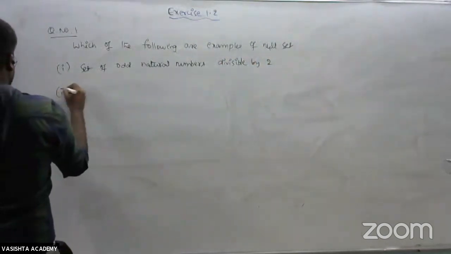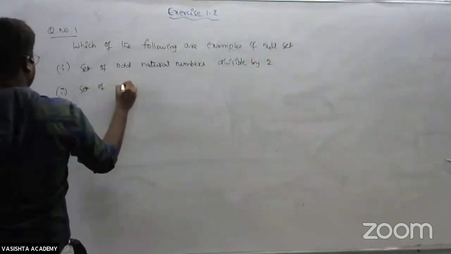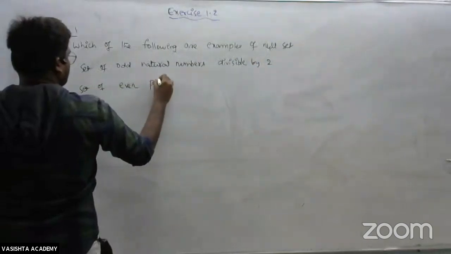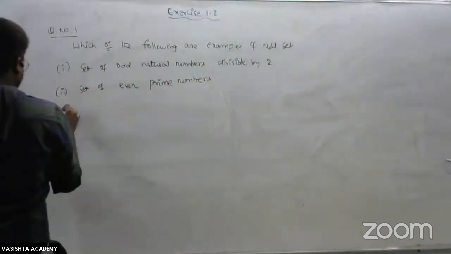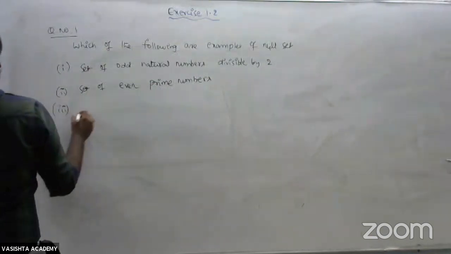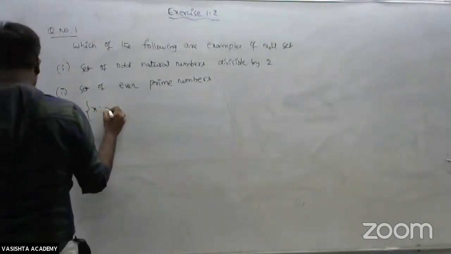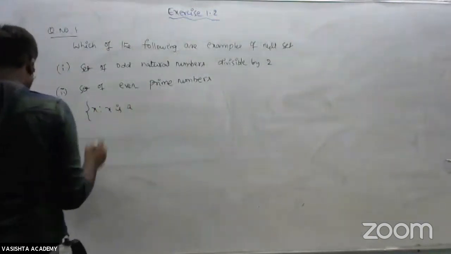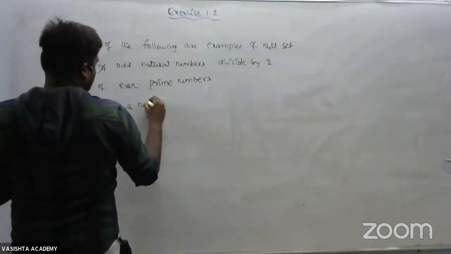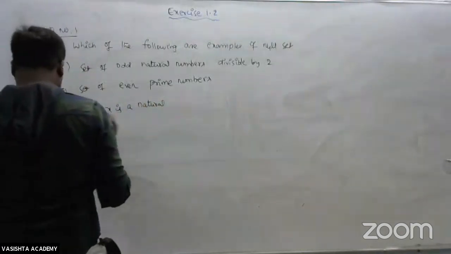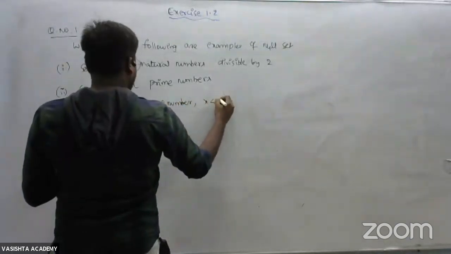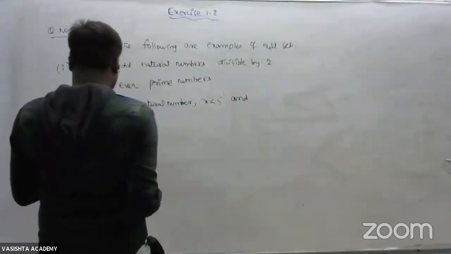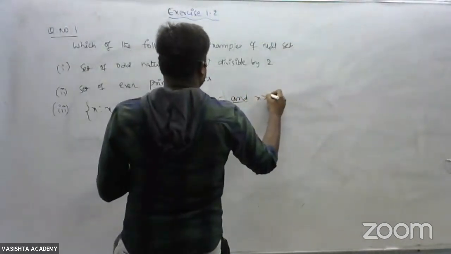Second one, set of even prime numbers. Third one, x such that x is a natural number, x less than 5 and x greater than 7.